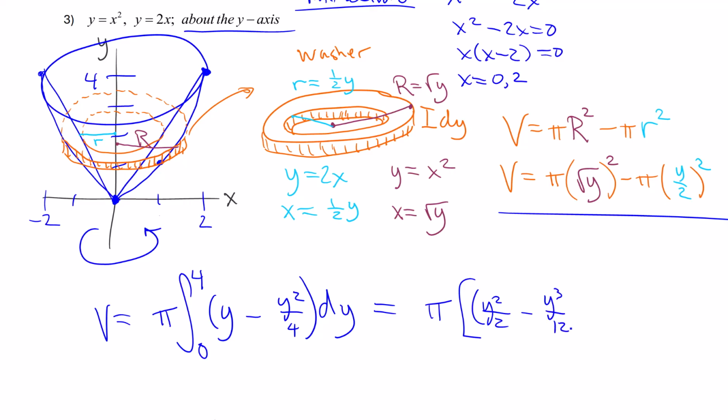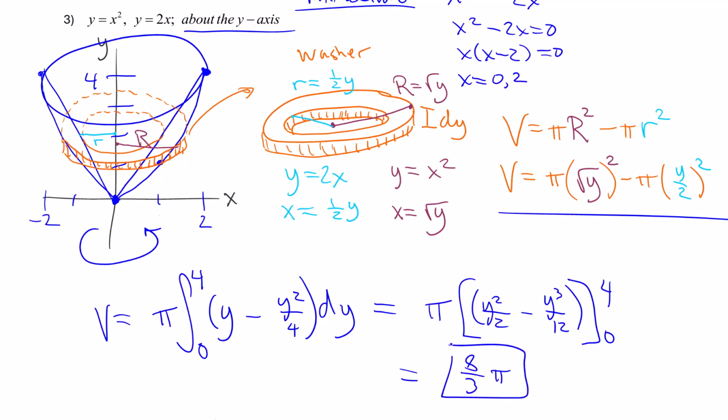That is just doing an antiderivative of that term. And we want that from 0 to 4. So this is what we want to calculate. Of course, go ahead and do the arithmetic on that. Be careful with it. I believe you should get 8/3 pi.